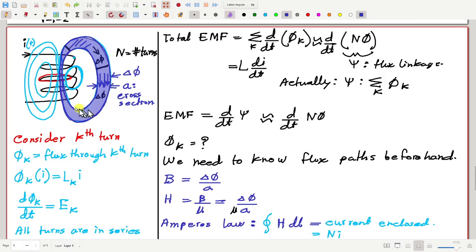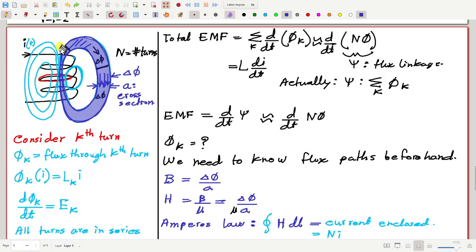How much flux is going through inside that tube is delta phi. Any questions so far here? No, sir. Okay, so now we got how to calculate delta phi through one particular tube.